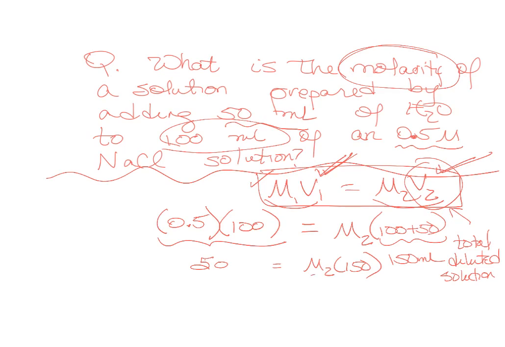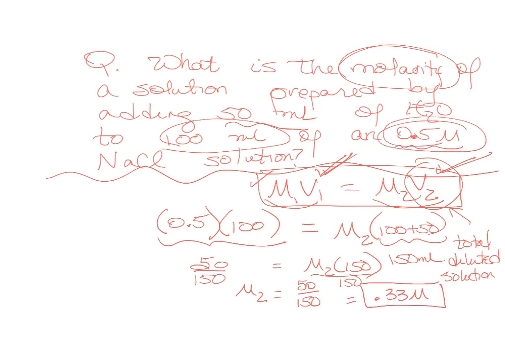Dividing both sides by 150, I get that M2, the molarity of the diluted solution, is equal to 50 divided by 150, which is 0.33 molar. Since it's a diluted solution, you certainly expect the concentration to be less than the original one, and it is, so you can check your work. And that's it for this introductory PowerPoint on solutions.